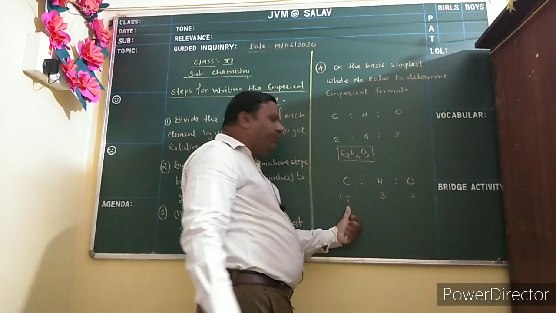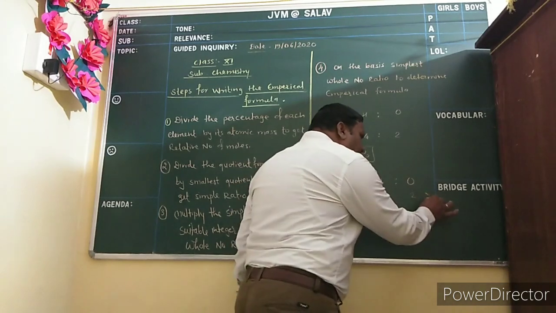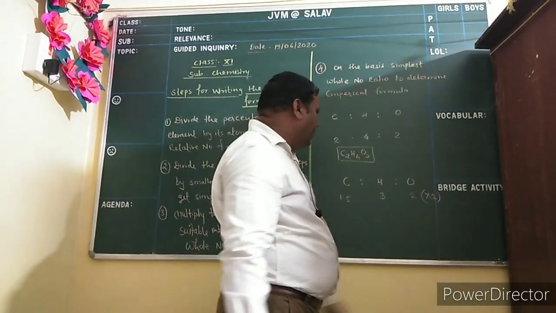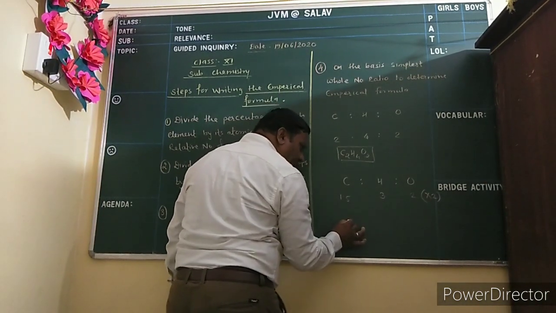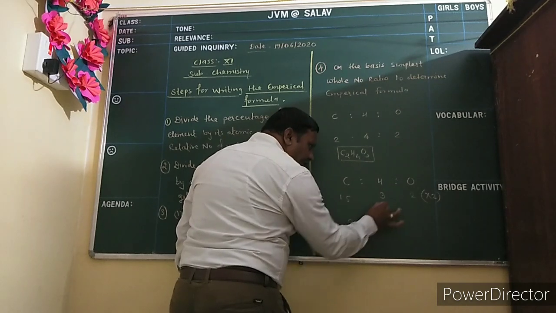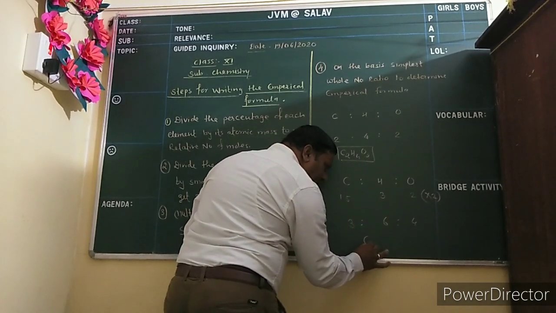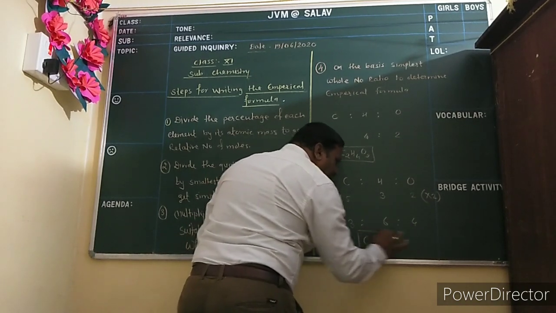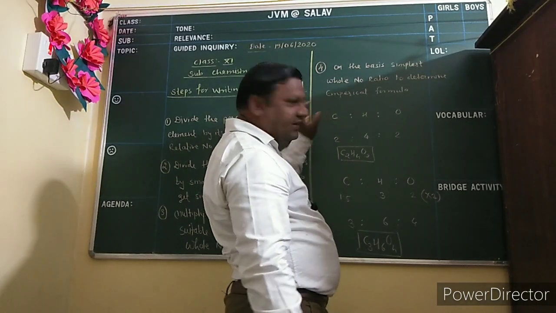At that time, 1.5 is neither 1 nor 2, so it will be multiplied by a suitable integer. When you multiply by 2, you get 3, 6 and 4. So the formula is C3H6O4. This is the third step, and that is the second step.